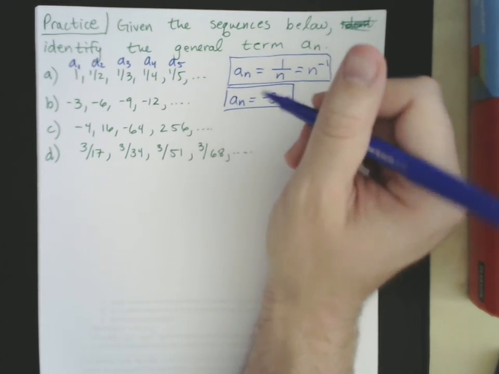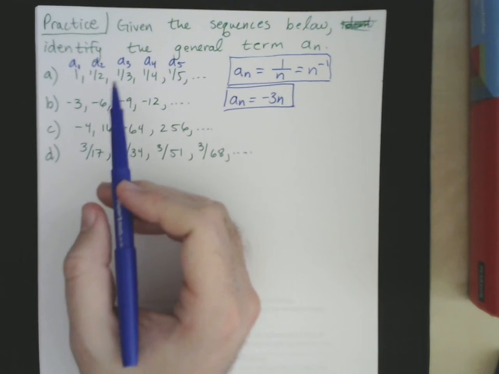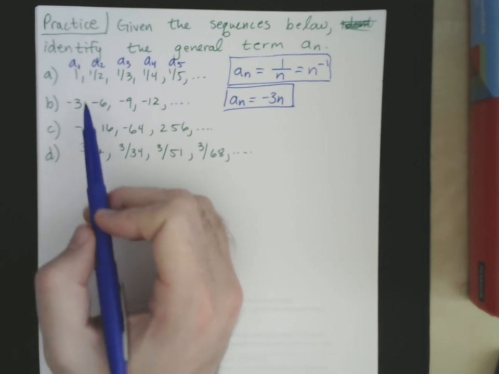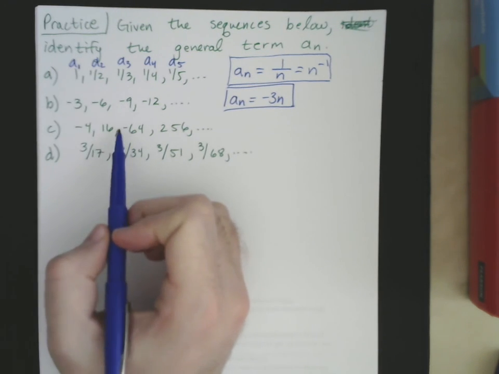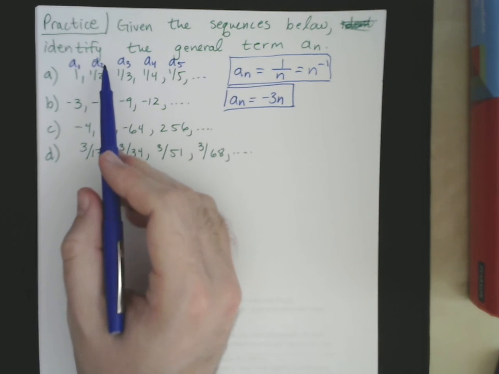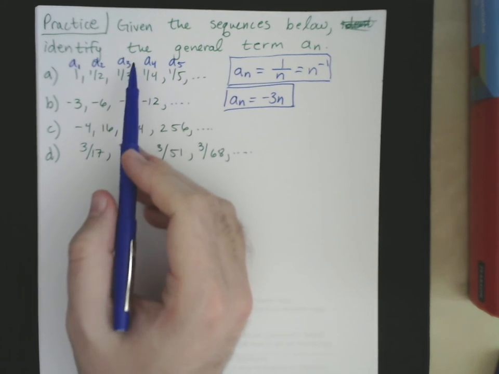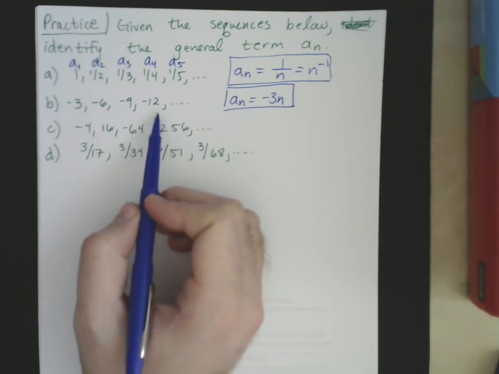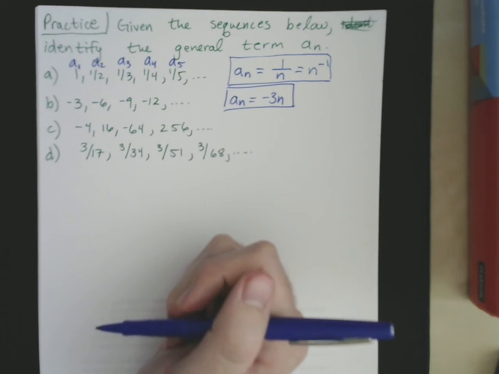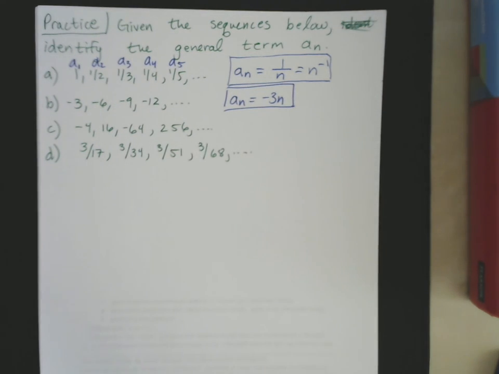For the next one, we have -4 is connected to 1, +16 is connected to 2, -64 is connected to 3, and +256 is connected to 4. So this one's a little bit more challenging.